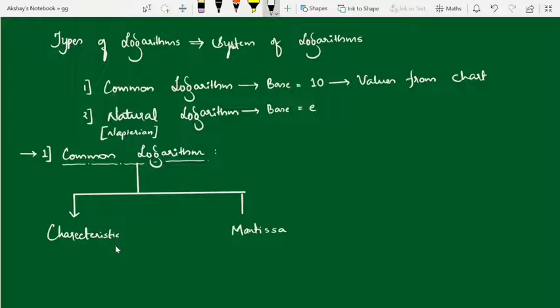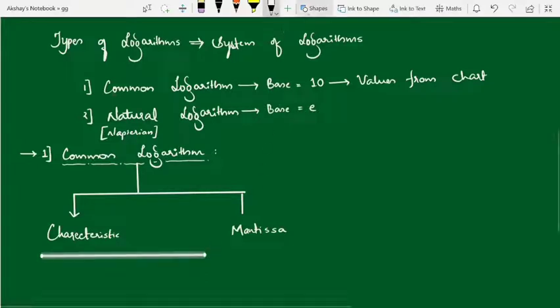We just have to identify where our decimal point is. That is the main point to read the characteristic. But to read the mantissa, definitely we require what? A logarithm table.